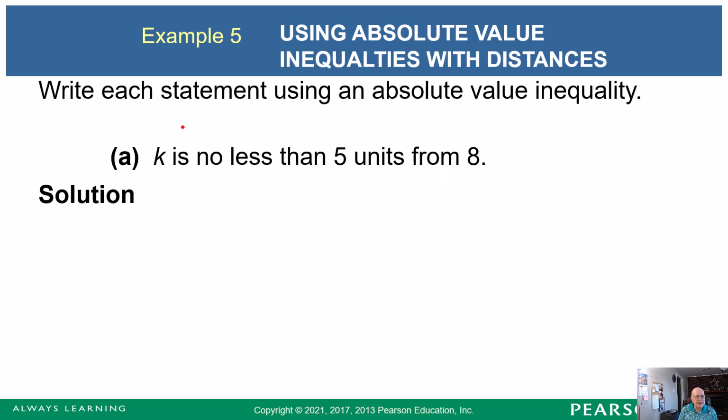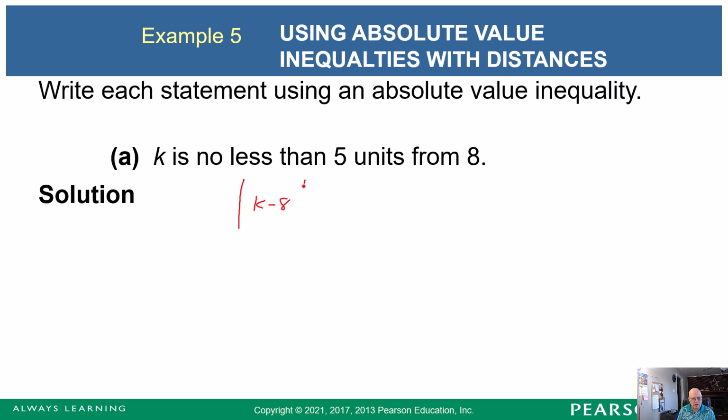Can you write this as an absolute value? K is no less than 5 units from 8. So what is K and 8? This will give us how far K is from 8.